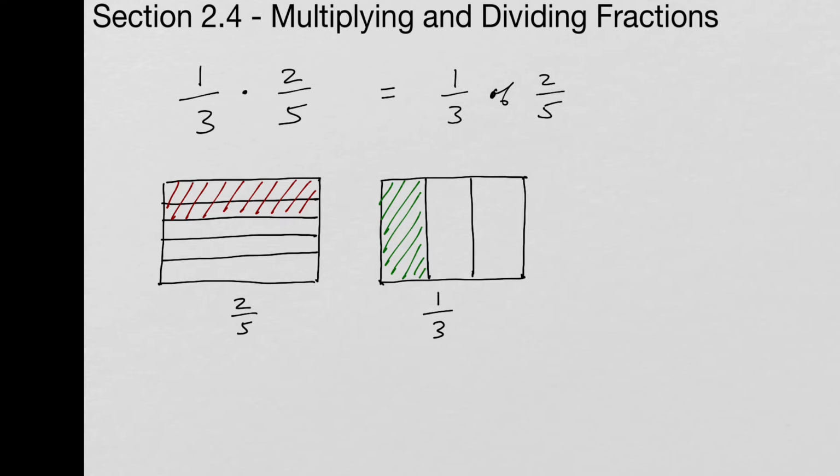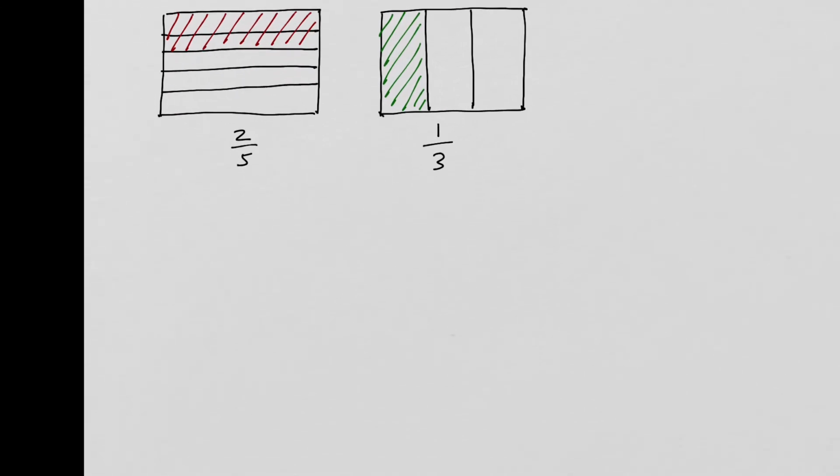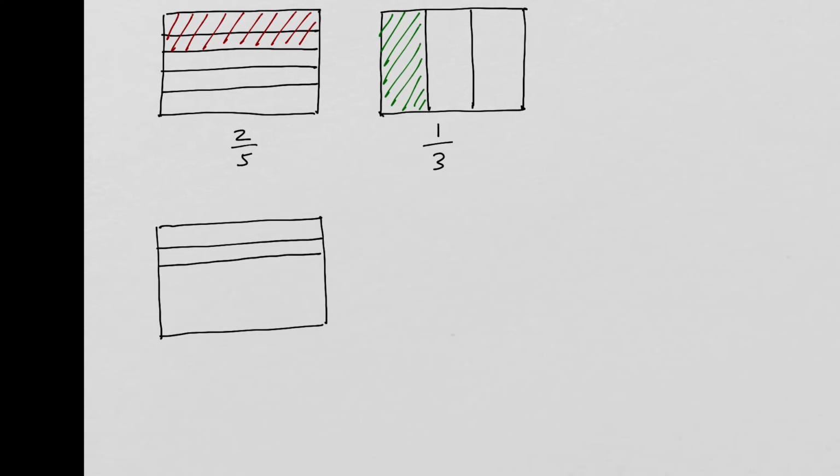If I want 1/3 of 2/5, the left picture represents 2/5. So if I want 1/3 of it, I can superpose these pictures, putting one picture right on top of the other. Let me draw that here. This is the shaded part, the 2/5.